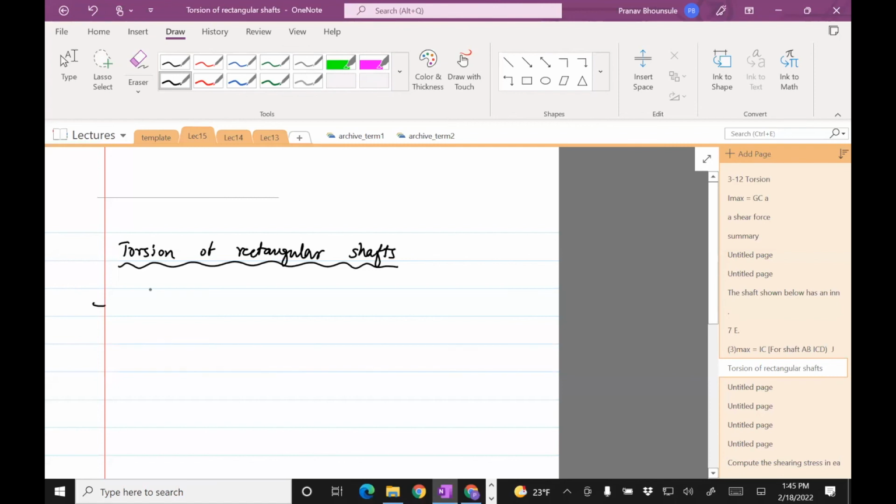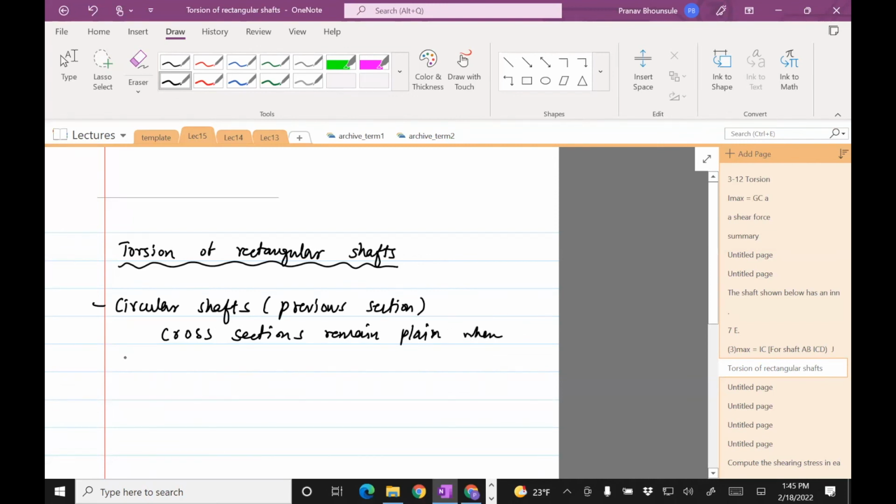Okay, so the thing about the difference is that when we talked about circular shafts in the previous section, plane cross sections remain plane when subject to torque.